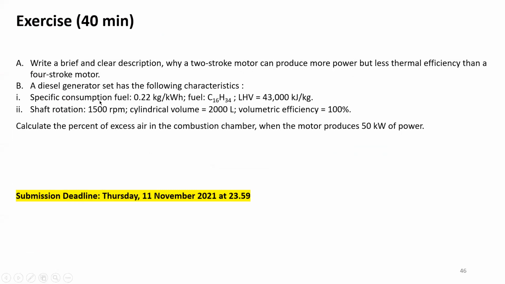And question B is almost the same as the previous one, but with different characteristics, and it also produces different power. I will share the slides later on EduNext, and please have a look through the slides. You can open other sources to answer all of these questions.